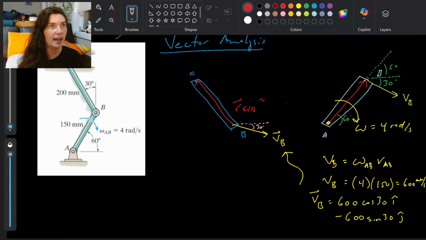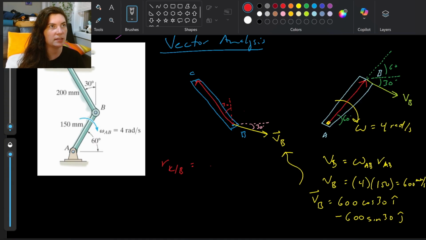If I find that vector, oh gosh, I'm going to have to write this somewhere else. So this vector of r_C/B, we have this 30-degree angle from our diagram, and we know that length is 200.